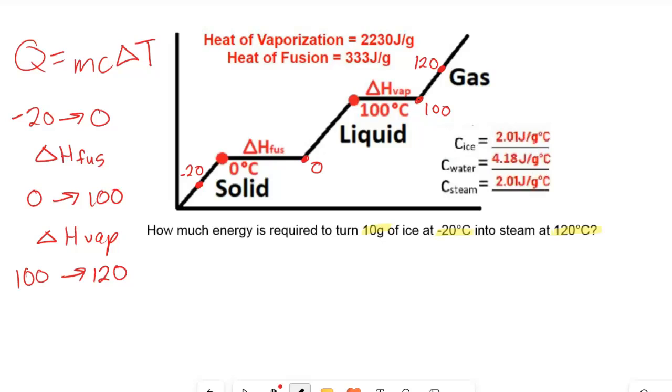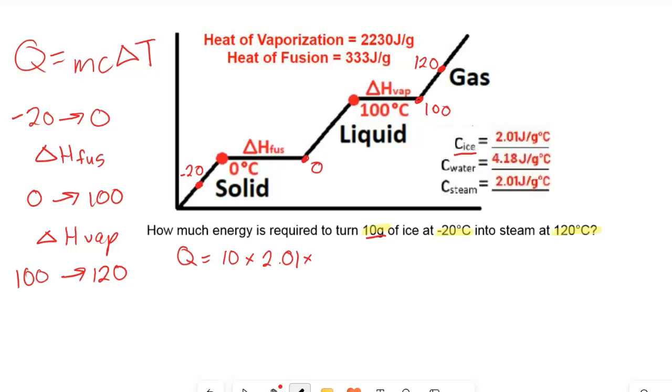And now let's plug in all of our sections into the same formula. So Q equals mc delta T, starting with the first section. For the first section, our M is 10 grams, and it's going to stay 10 grams the entire time. We're at solid, so solid means ice. The C of ice is 2.01 times the change in temperature.